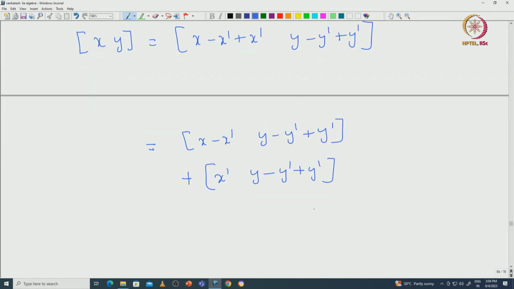Note that this x minus x' is in I, so this element is in I.